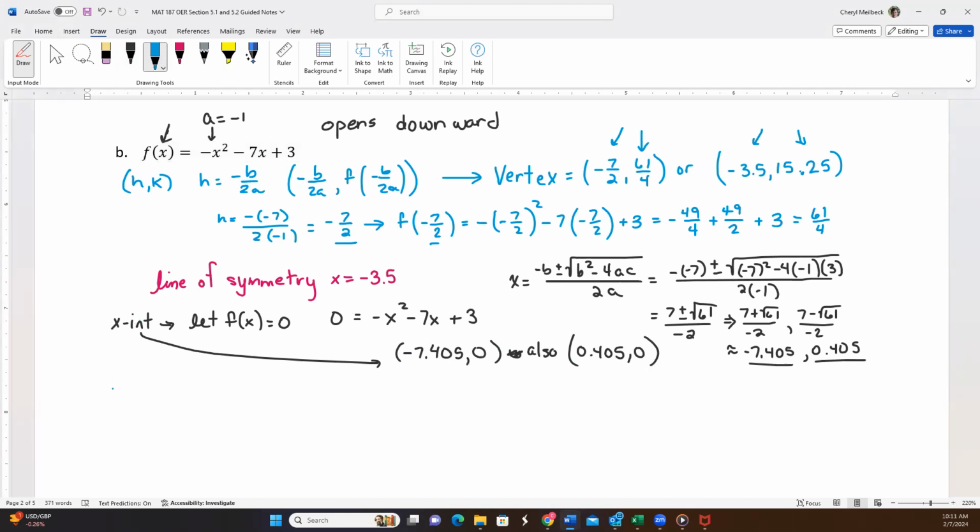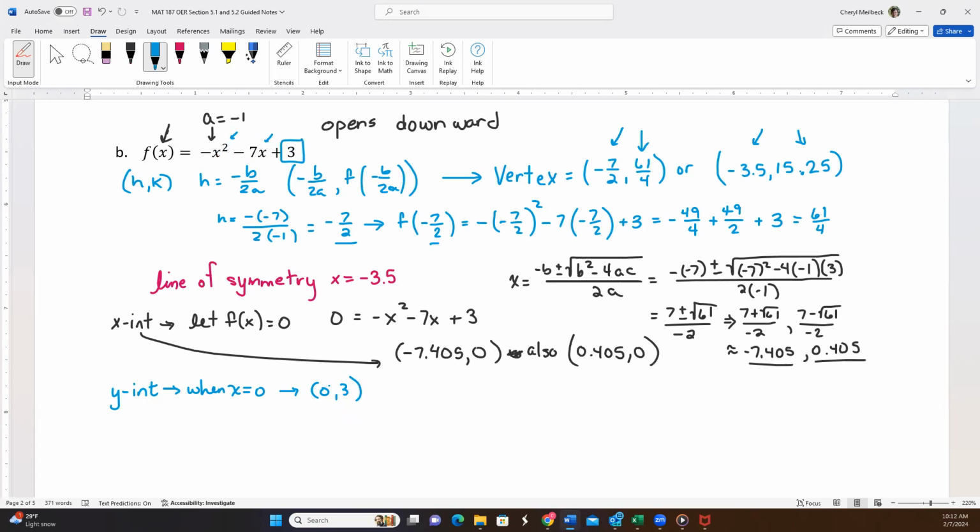Our y-intercept is what we get when we let x equal 0. Looking at our function, if we let this term have a 0 in it and this term have a 0 in it, then all we're left with is the 3. So my y-intercept is the point 0, 3.